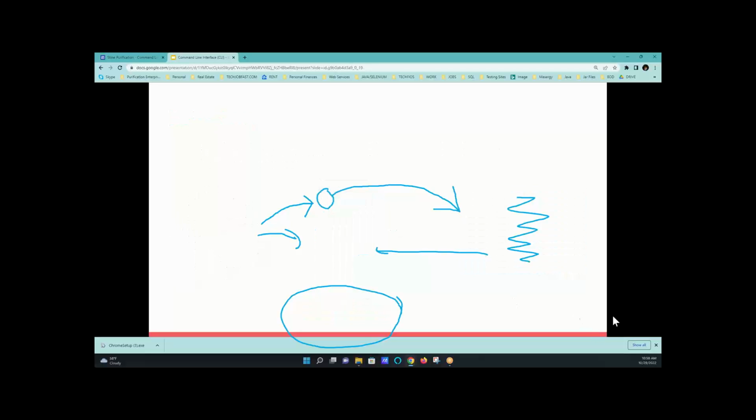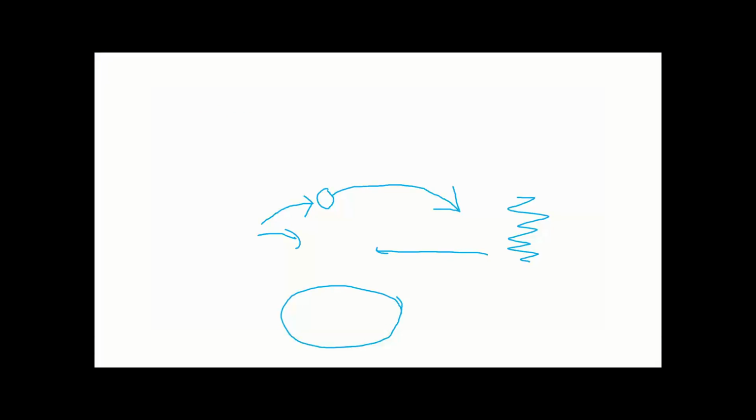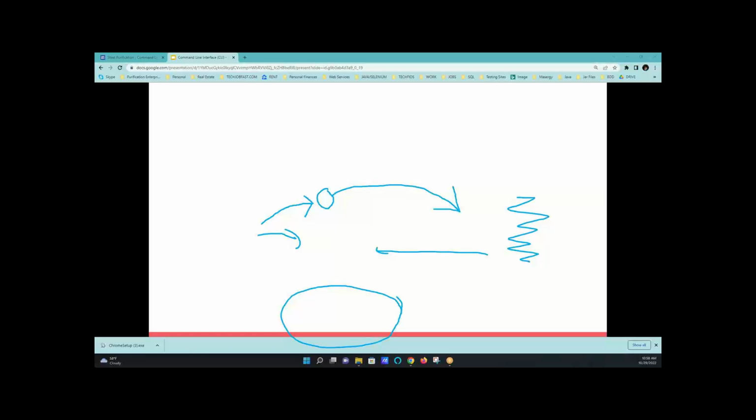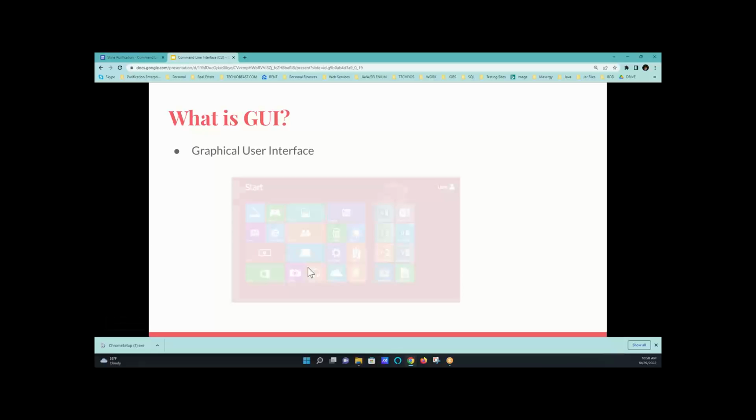All right, then our next thing that comes in the picture is, what is then GUI? Who can tell me what that stands for? Graphical user interface. That's correct. So it's a graphical user interface that looks like this.